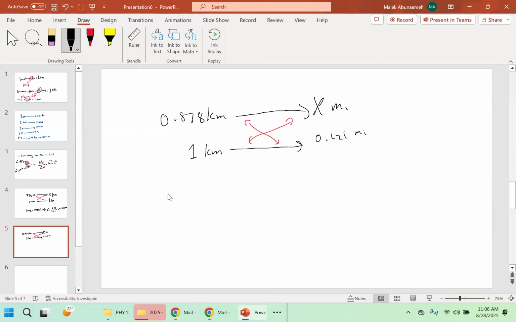In this case, your x times 1 is going to equal 0.878 times 0.621. Let me actually write down the 6 better.